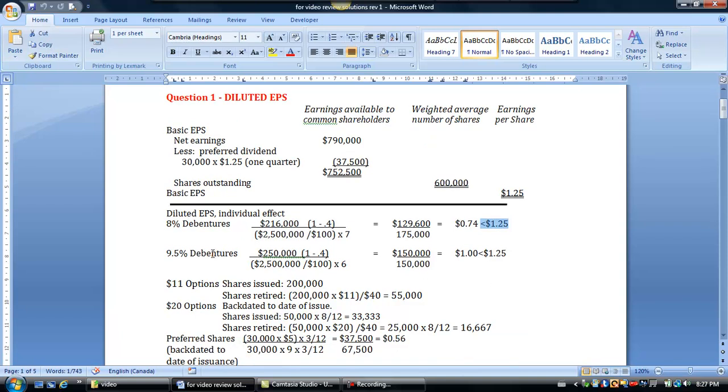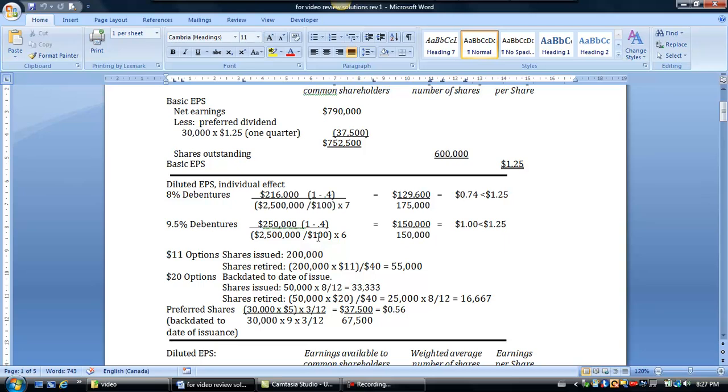Similarly, we're going to look at the 9.5% debentures, and we have a similar situation here. In this particular case, they tell us that the 9.5% debentures had carried $250,000 in interest expense. So again, if those 9.5% debentures had been converted at the earliest available point in time during the year, that means that we would have avoided booking interest expense of this much.